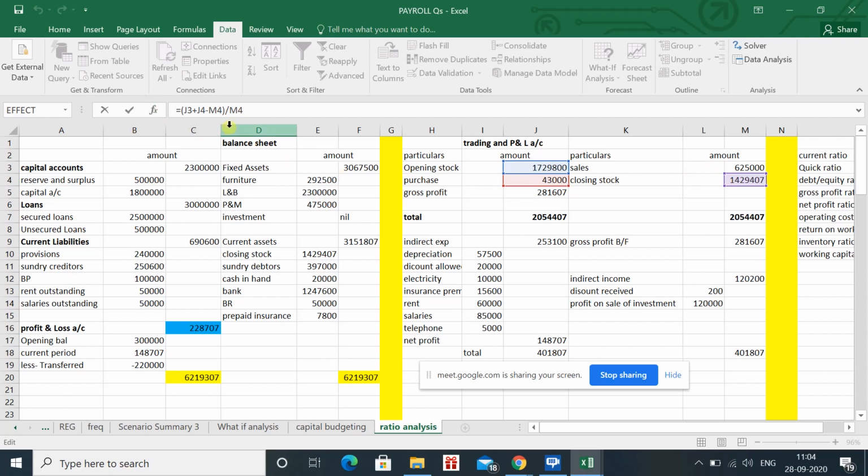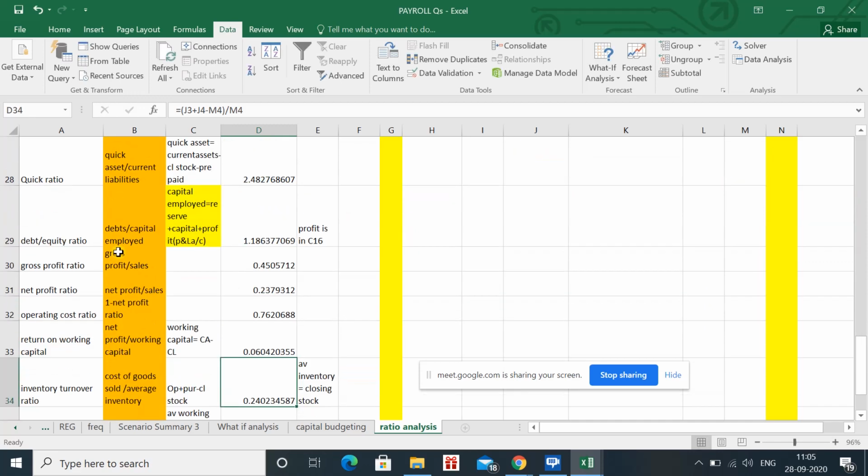Opening is J3, J4 is the purchases, M4 is the closing, divided by the closing, because in this question in your book they have taken the closing stock as the average inventory. So we have to follow one system. We are following whatever is given in your computer application book, but the actual thing is that you can take opening plus closing also.